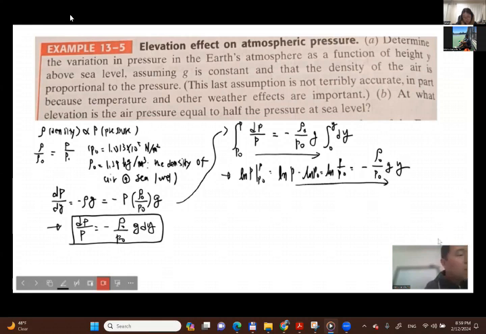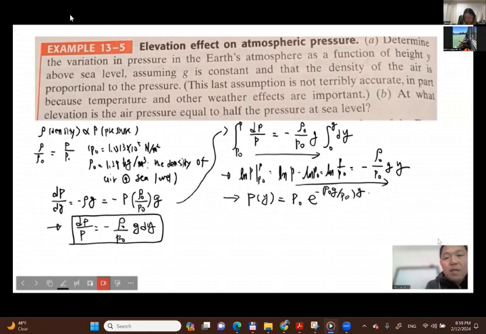Now we want to express this equation in terms of the density and the pressure at sea level. So the pressure P, as a function of y, is P naught times the exponential of minus rho naught g over P naught times y.